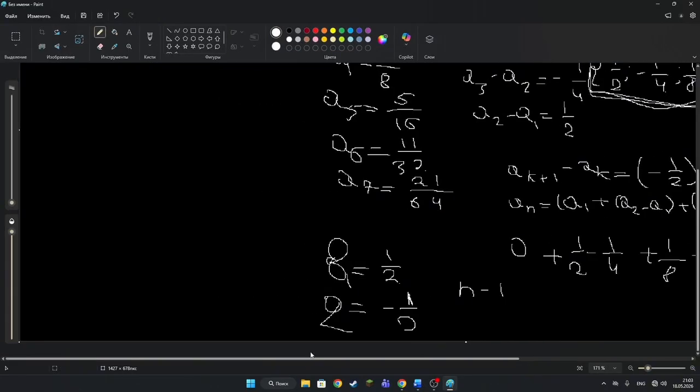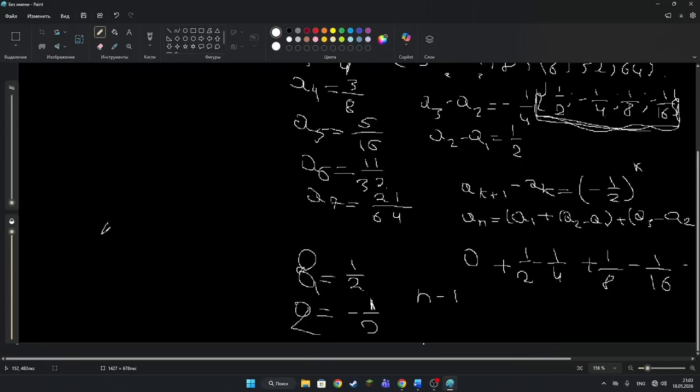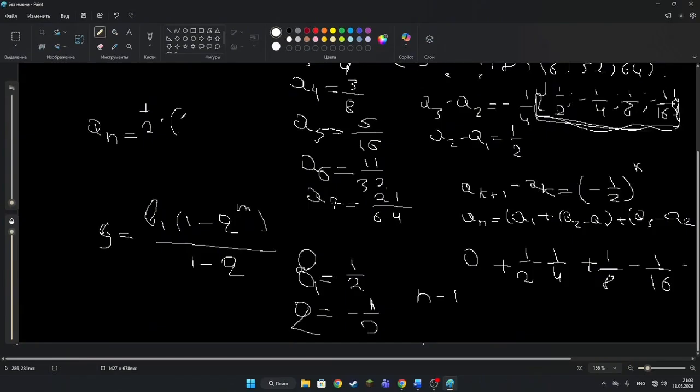So we have a simple formula: s equal to b1 multiplied by (1 minus q to the power of n) divided by (1 minus q), and just replace that. an is equal to 1 divided by 2 multiplied by (1 minus (minus 1 divided by 2) to the power of n minus 1) divided by (1 minus (minus 1 divided by 2)).